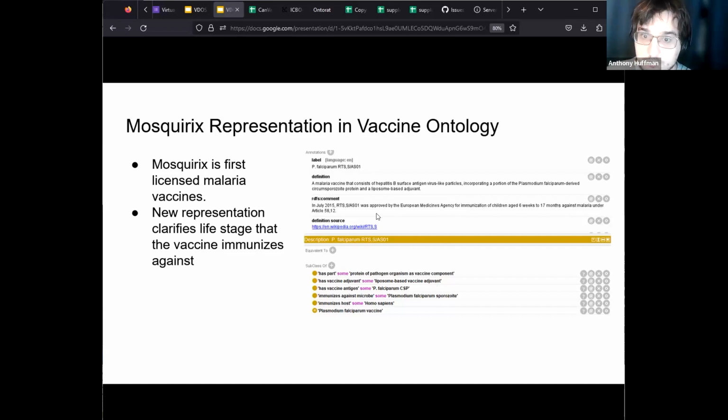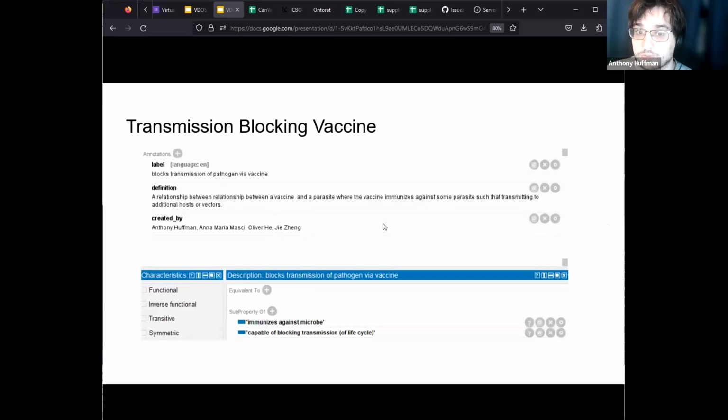However, there is one other pattern that we found, for something called a transmission blocking vaccine. We define a transmission blocking vaccine as any vaccine that has a relationship that blocks transmission of a pathogen by a vaccine, which is an additional relationship between a vaccine and a parasite, such that the vaccine has an additional effect that it inhibits further transmission of the parasite among additional hosts or vectors, beyond the initial target.